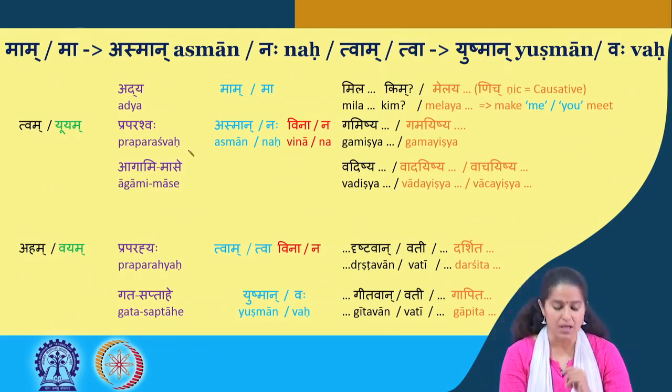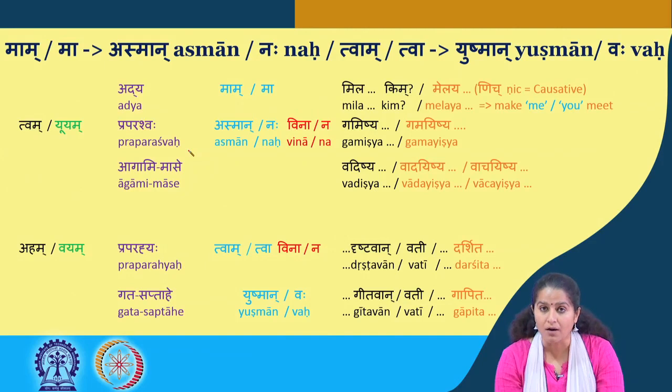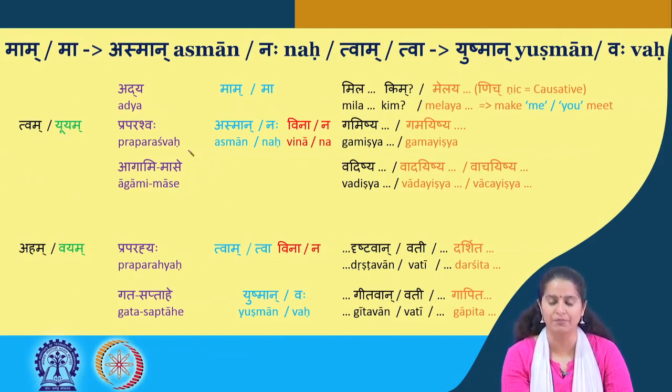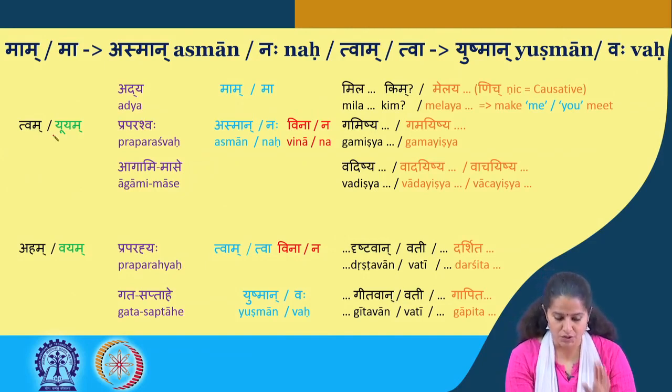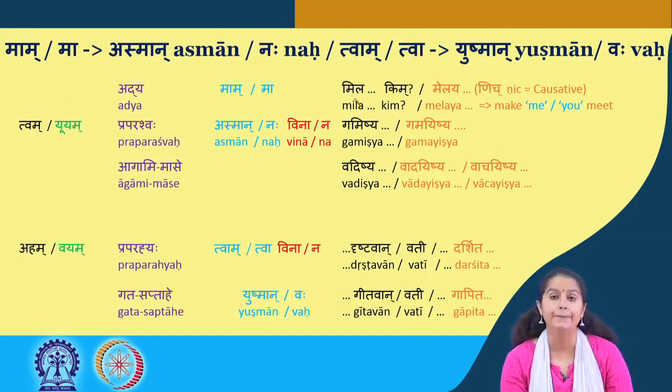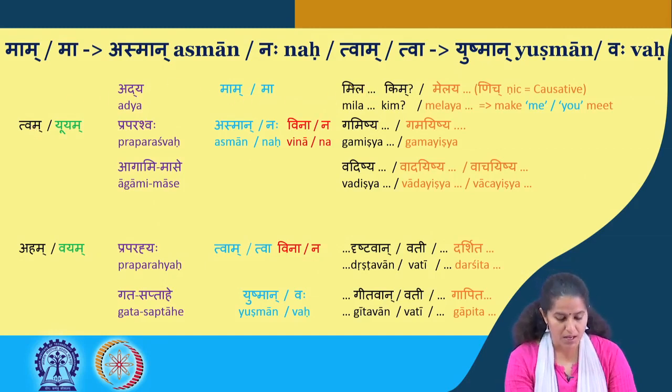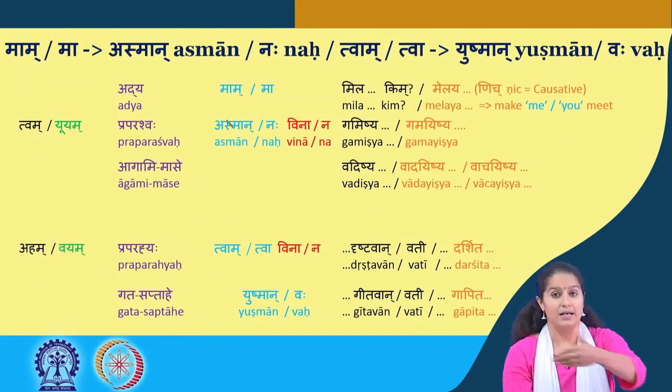So this was to give you the simple way of using the subjects. Now let's play with the objects, or the accusative form of the first person and the second person. So tvam adya mam milasi kim. Plural. Tvam adya asman milasi kim. Will you meet us?